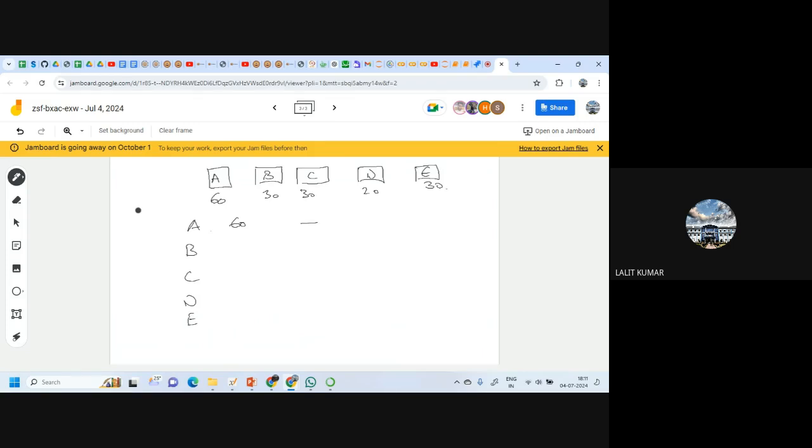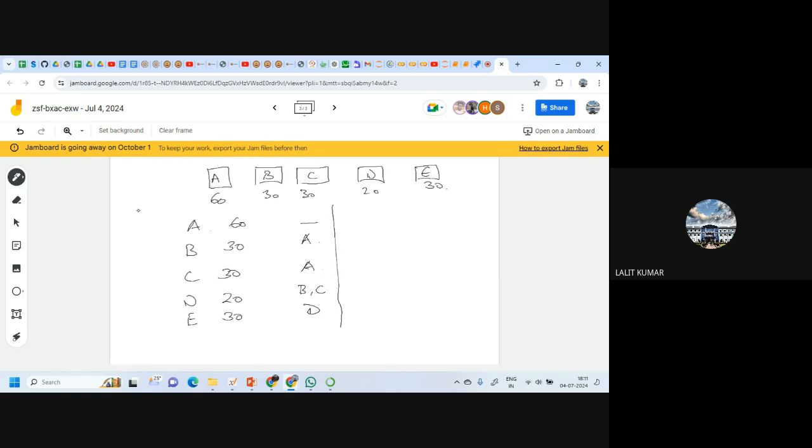For B, the time is 30, but the precondition is A. For C, 30, and the precondition is A. For D is 20, with precondition BC, and for E is 30, with precondition D.